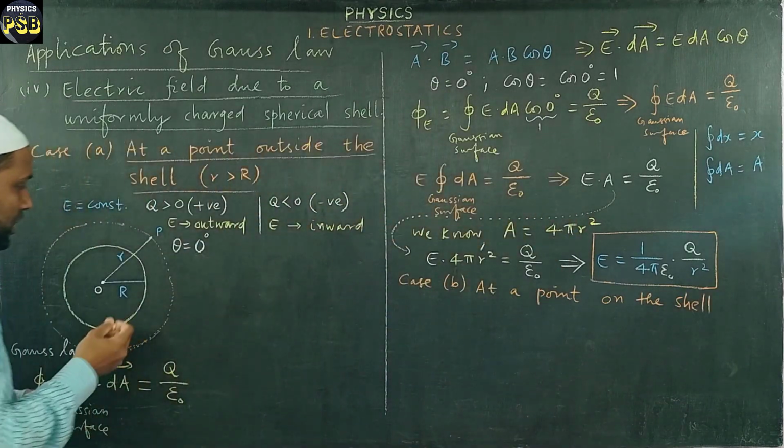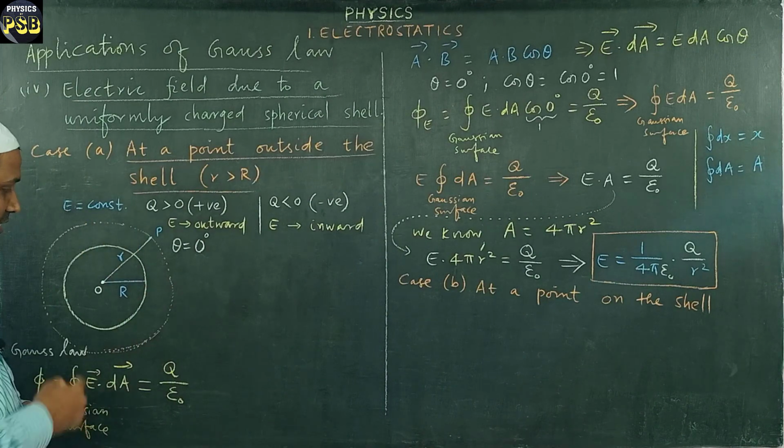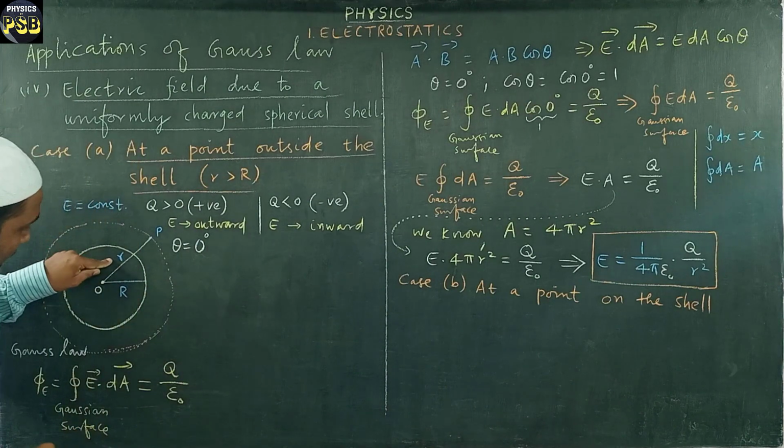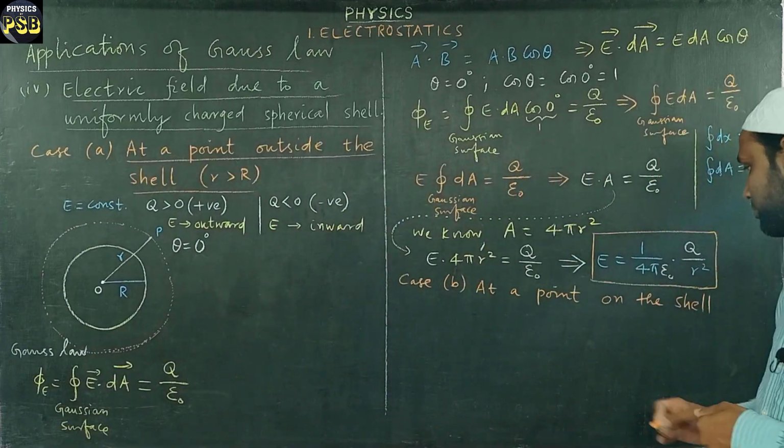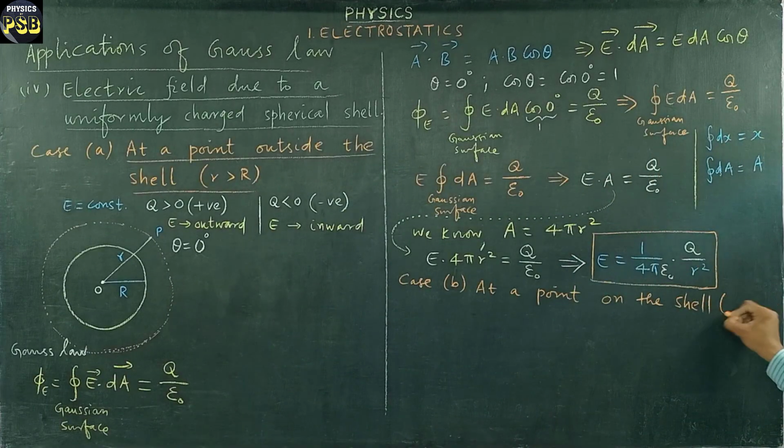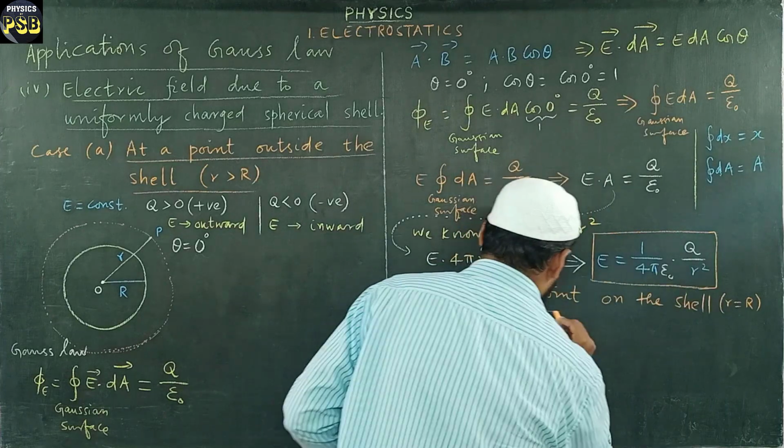So, when the point is taken on the shell, in such case, small r will be equal to capital R. And what will happen?